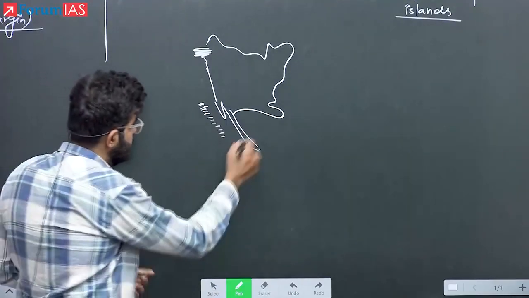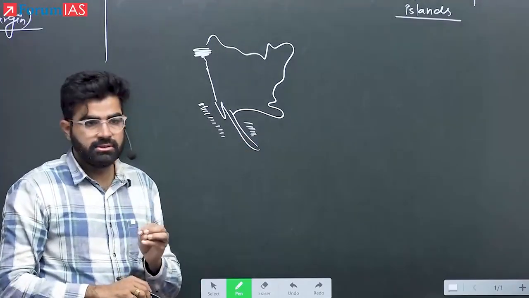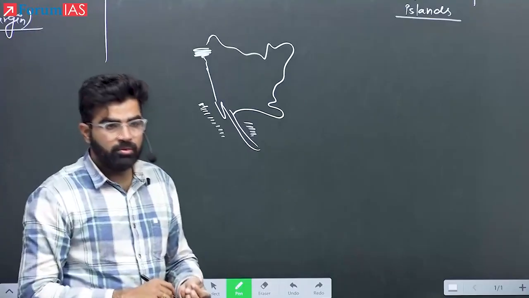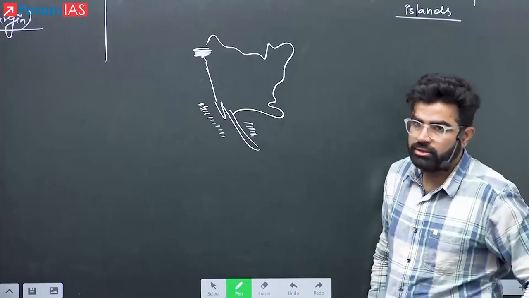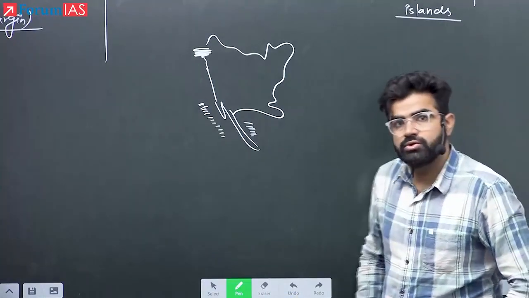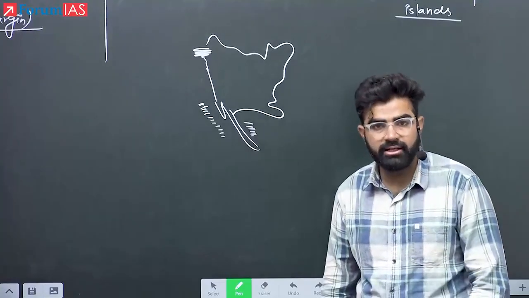Whereas on this side, you will probably find extensive continental shelves. Now in the prelims, they can ask why the western margins of the continents, generally those having fold mountains near the margin, will not have any continental shelves.